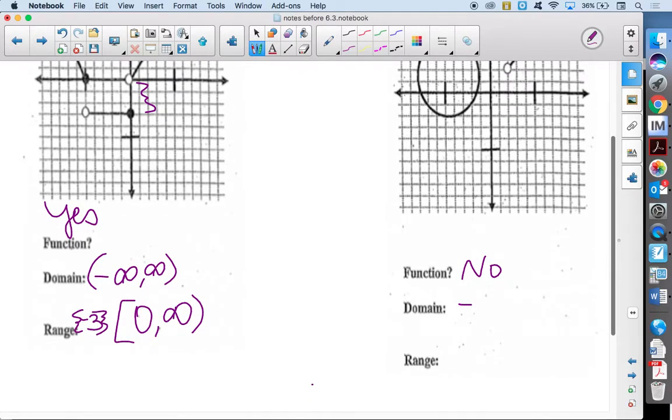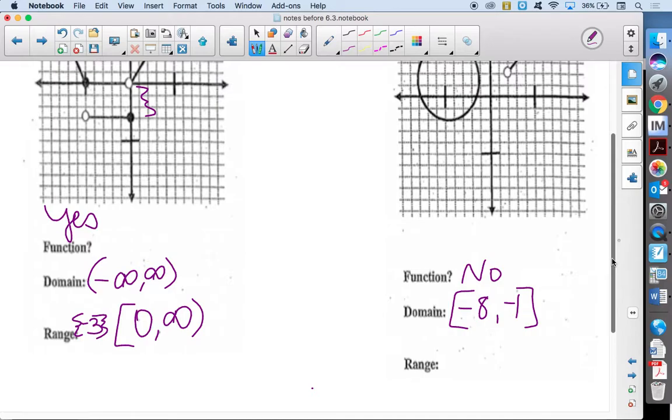Negative 8 and -1. Good. And they get brackets. And then the other one, Ryan? 2 to positive infinity. And then what did we get with those? Parentheses, yeah. So the 2 gets a parenthesis because there's a little open circle there.